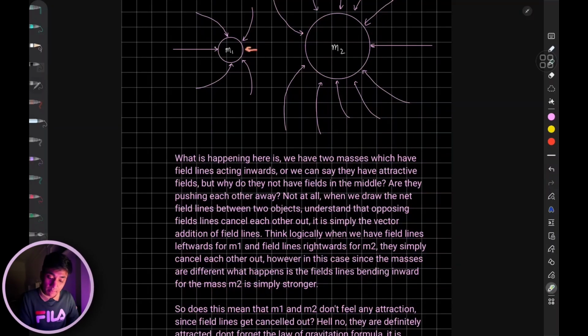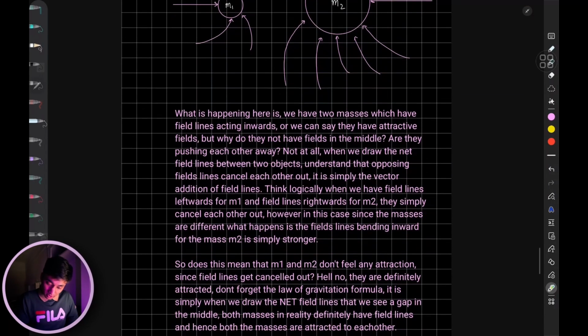See, both m1 and m2 are attractive masses, with attractive forces. You have not yet treaded into electric fields where there are repulsive forces. Then it's a very interesting thing there as well. Attractive forces work over here, so field lines overlap, my friend. And if that happens, we consider the vector addition of these field lines, right?